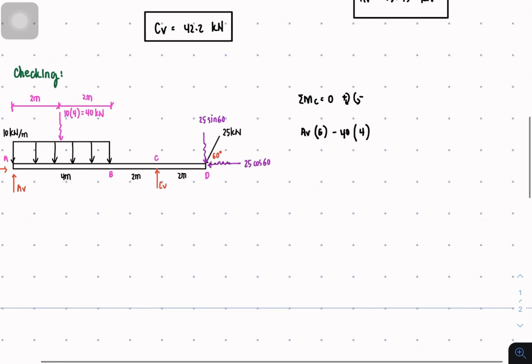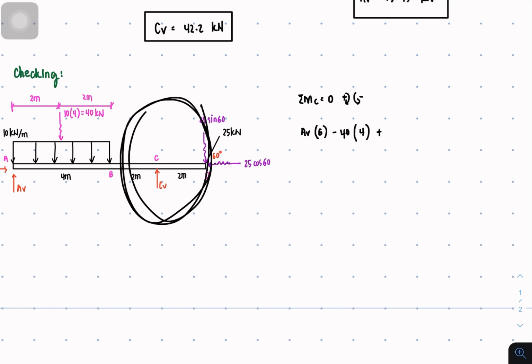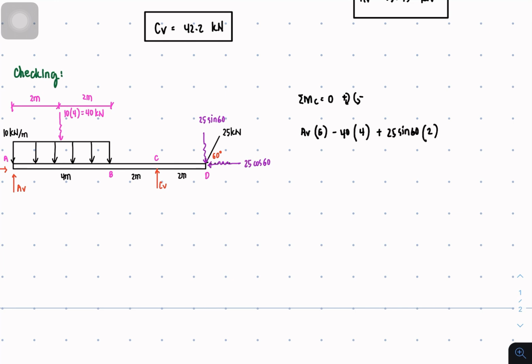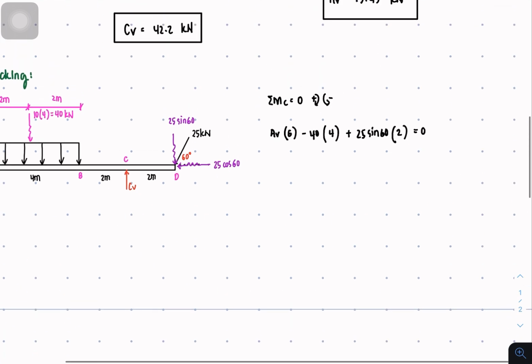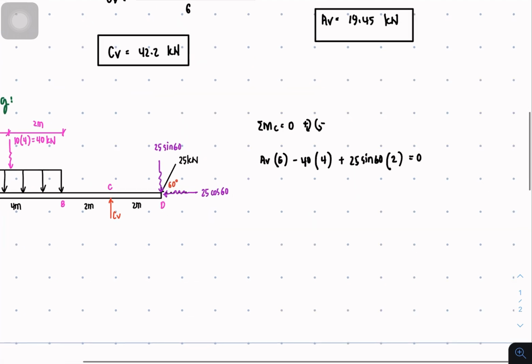And then this one about point C, it's clockwise because the force is downward, so it's going to rotate clockwise at point C. So it's 25 sine 60 times 2 meters equal to 0. So we're going to investigate whether we got all answers correctly.